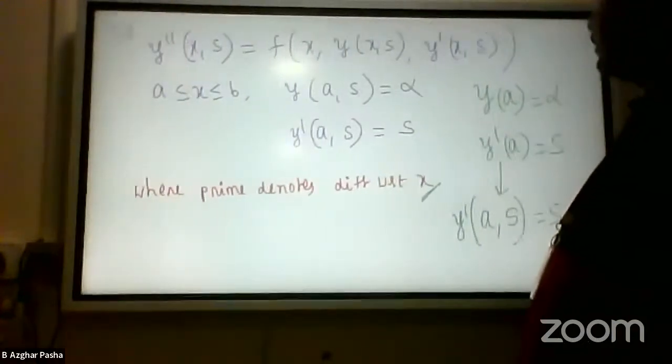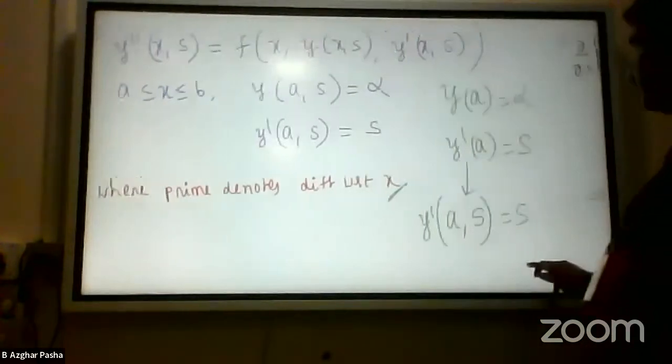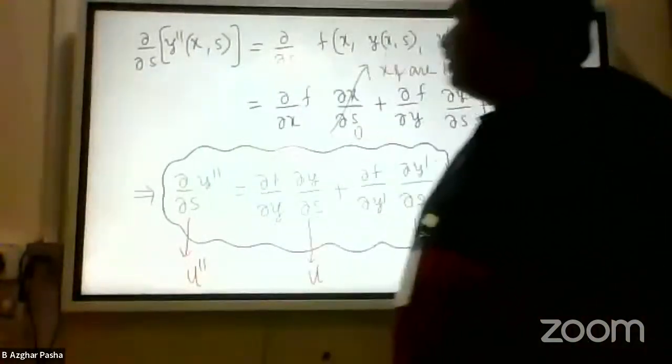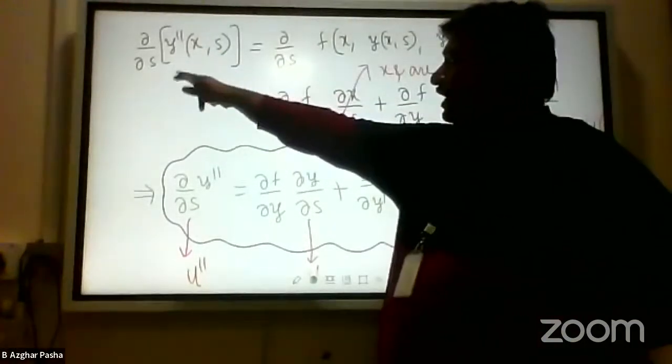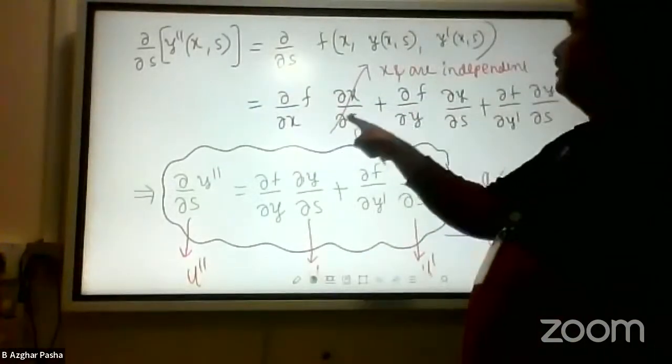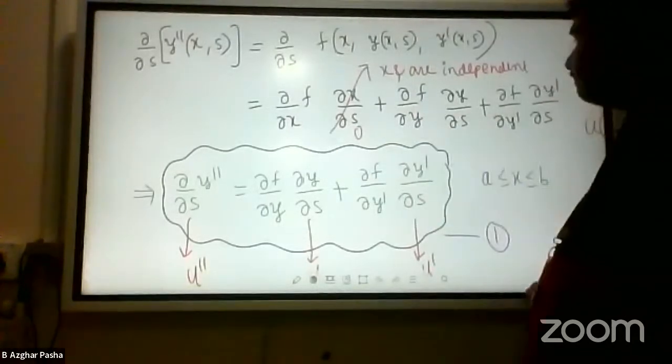As there is a dependency on s, I wrote equations in terms of s. I determined the derivative of y double dash with respect to s using the chain rule.